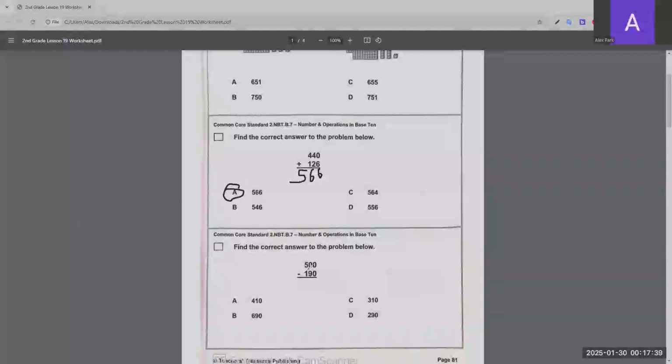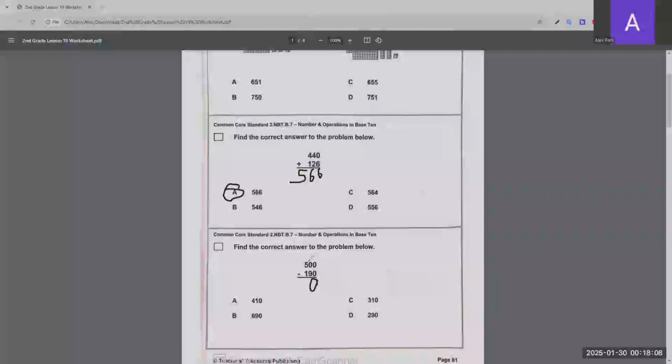All right, next. Find the correct answer to the problem below. 500 minus 190. So first, like before, we look at the ones place. 0 minus 0. Anything subtracted or added by 0 is just that number, which is 0. Then 0 minus 9. We can't do 0 minus 9 because 0 is a number less than 9.